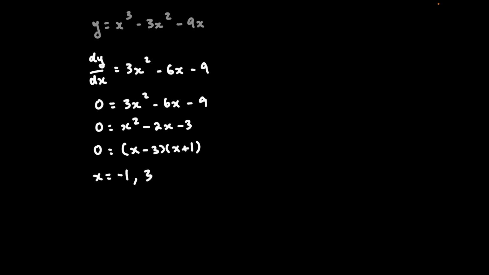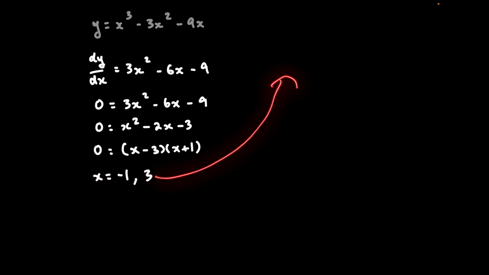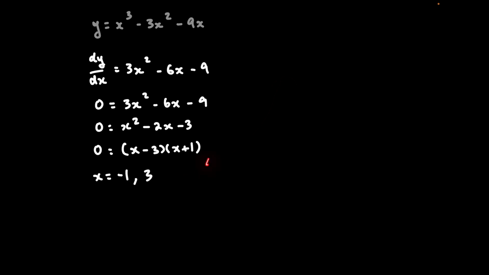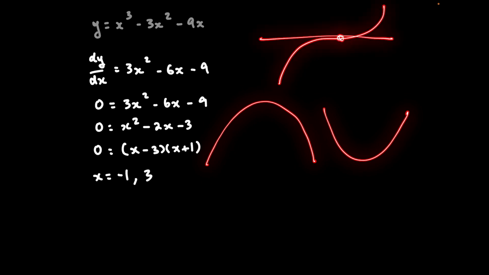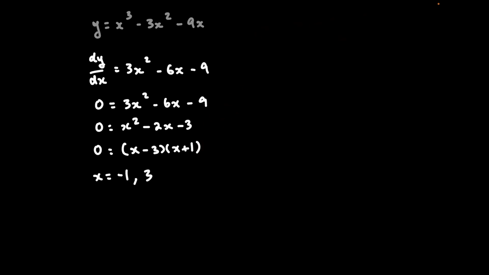So now that we have our two x values, how do we know what the actual nature of these stationary points are? Again, it can either be a maximum like this, a minimum like this, or a horizontal point of inflection like this. So let's first use the sign test. I'm going to draw my 3 rows: the x value, the dy over dx value, as well as the sign.